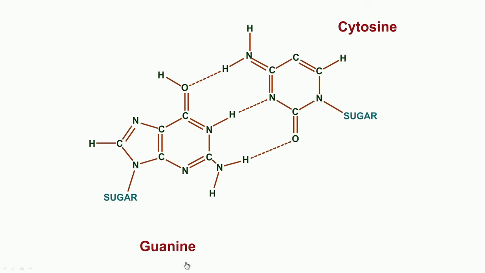And guanine, cytosine, guanine is a purine, cytosine is a pyrimidine. You have 3 hydrogen bonds that are formed between cytosine and guanine. So, this hydrogen bond formation or base pairing, as it is called, is what gives DNA its structure, and it makes it possible to do what it does.